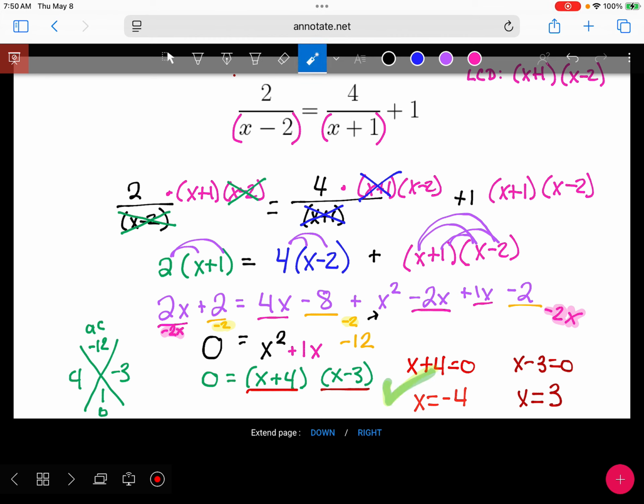If x is 3, is my denominator 0? If my x is 3 here, is my denominator 0? No. So this one also checks. This one gets 2 answers.